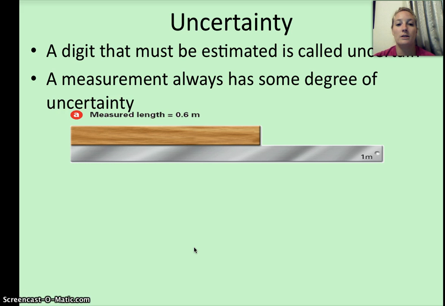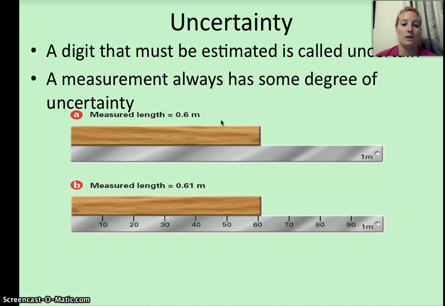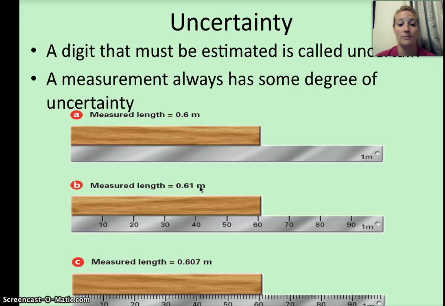And so you can put this uncertainty on by putting 0.6 plus or minus 0.1 because you estimated that mark. In this one, measured length 0.61 plus or minus 0.01 because that's how much you estimated.